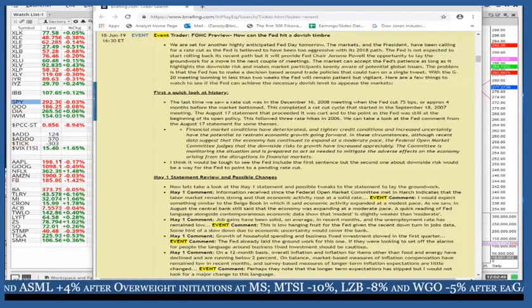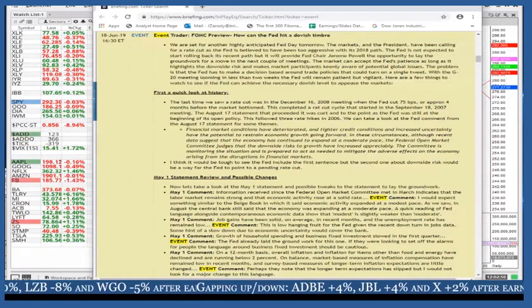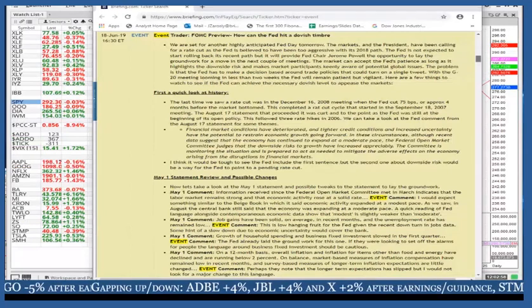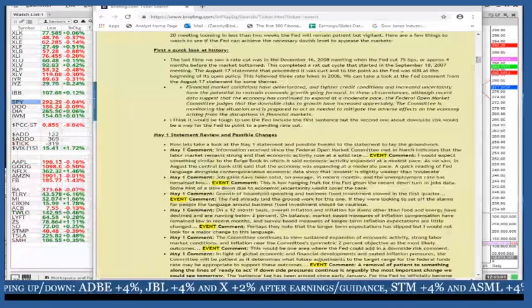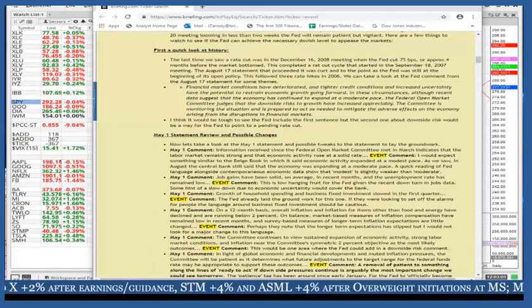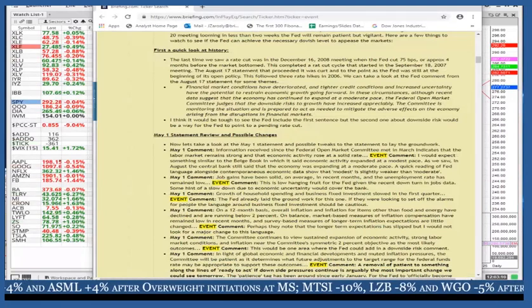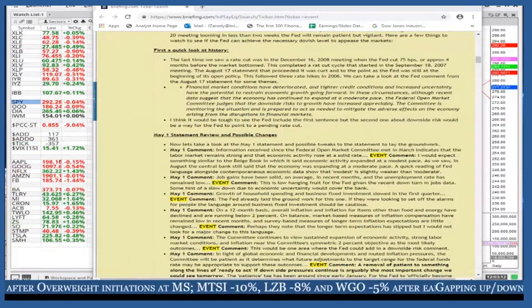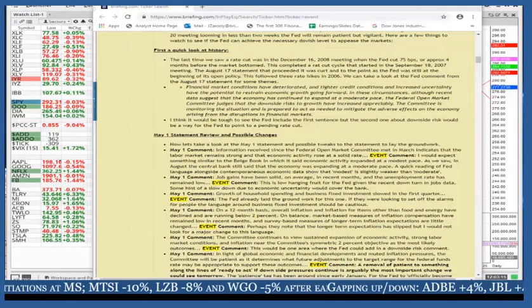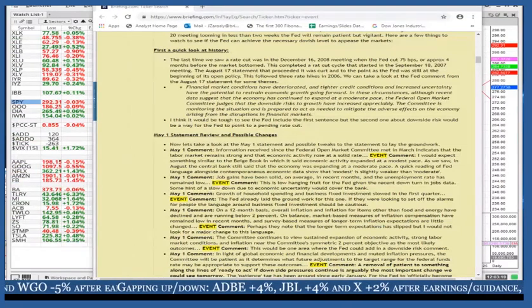Taking a look, if you look at my preview, I laid out first the last time they were cutting rates, and it's worthwhile that their economic commentary was relatively, I wouldn't say upbeat, but they said that financial market conditions had deteriorated and tighter credit conditions and increased uncertainties had the potential to restrain economic growth going forward in these circumstances, although the recent data suggests that the economy had continued to expand at a moderate pace.